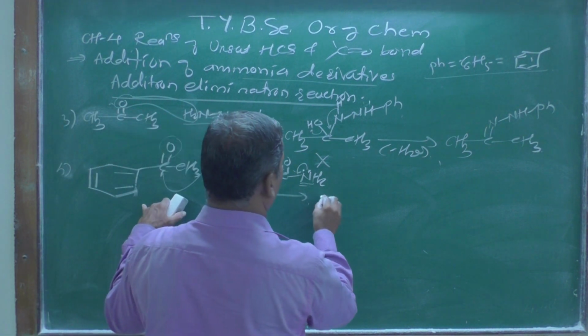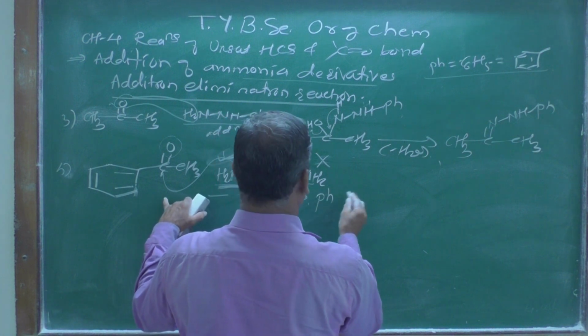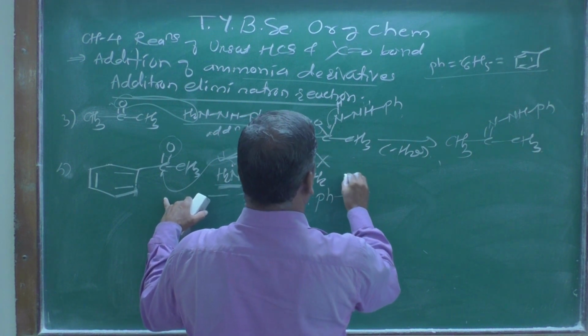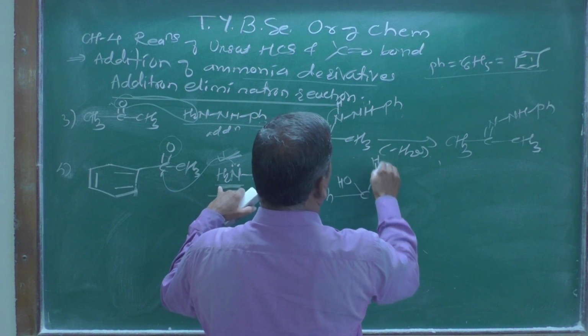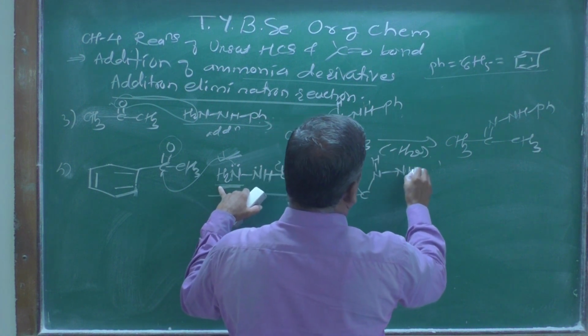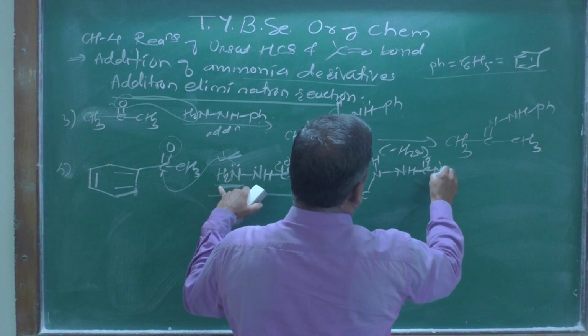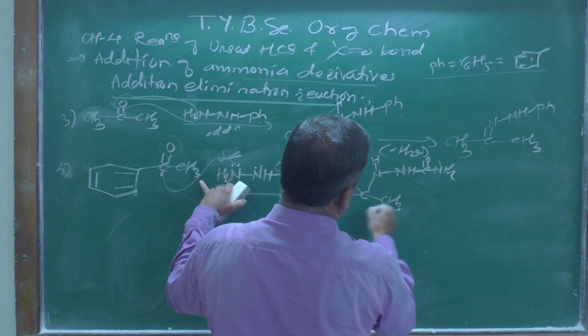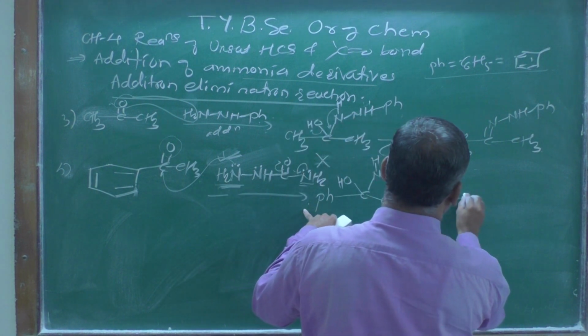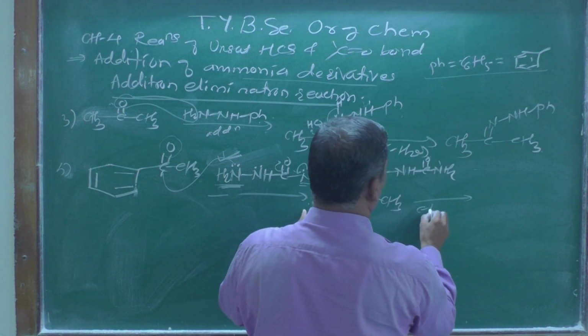And what do you get here? I am writing shortly here, Ph, then C-OH, then here NH, then NH, then C double bond O, NH2, and this CH3 group is as it is, right? And now second, as we know there is an elimination.